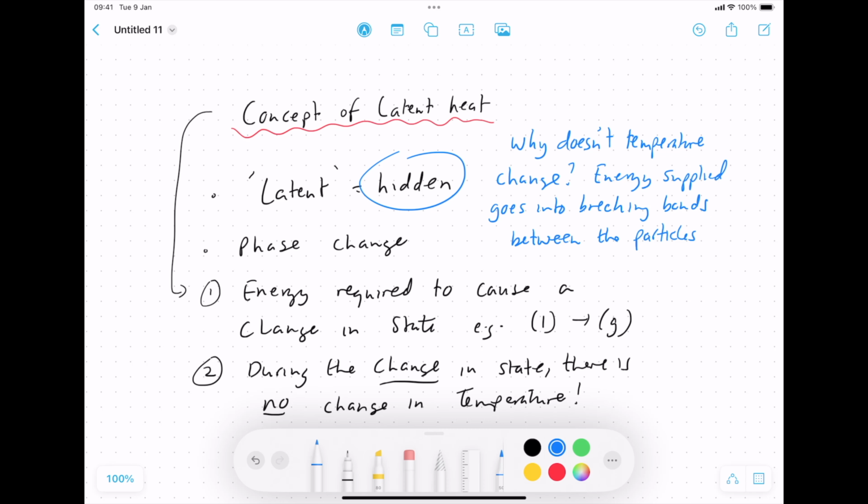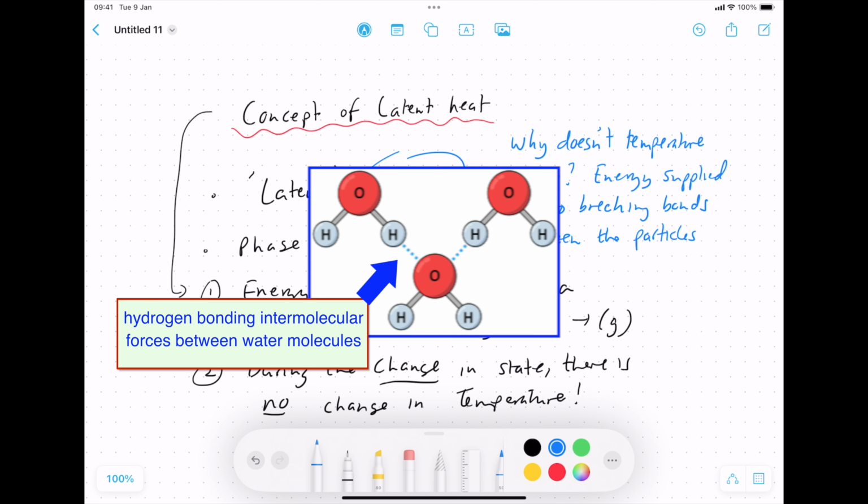When you put that hidden heat in, the energy goes to breaking the intermolecular forces between the molecules so that they can escape. So the water molecules can escape from the liquid phase into the gas phase. In other words, they become completely separated out. So the energy supplied goes into breaking the bonds between the particles.